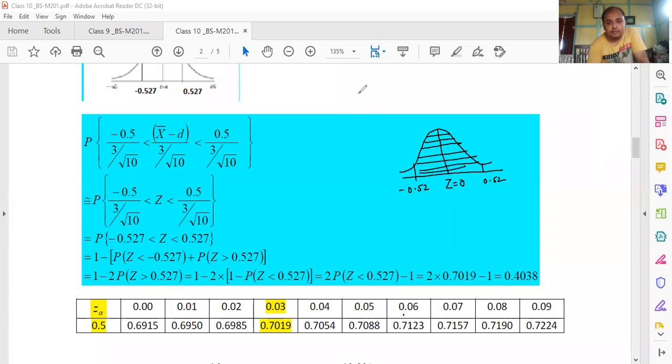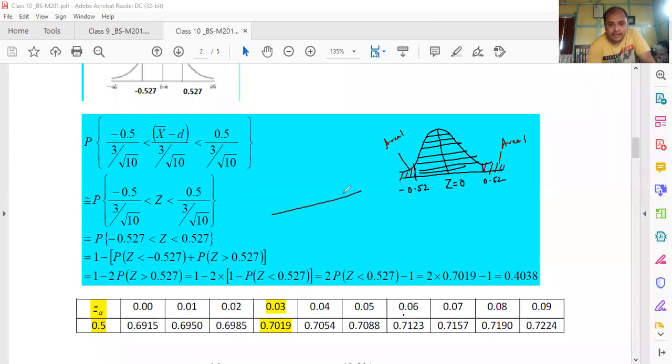If I can find the area of this region, and the area of that region, this is area 1, this is area 2, if I can add the two areas and subtract it from 1, because 1 is the total area, then I will get the area under consideration. So that's why that has been written over here.